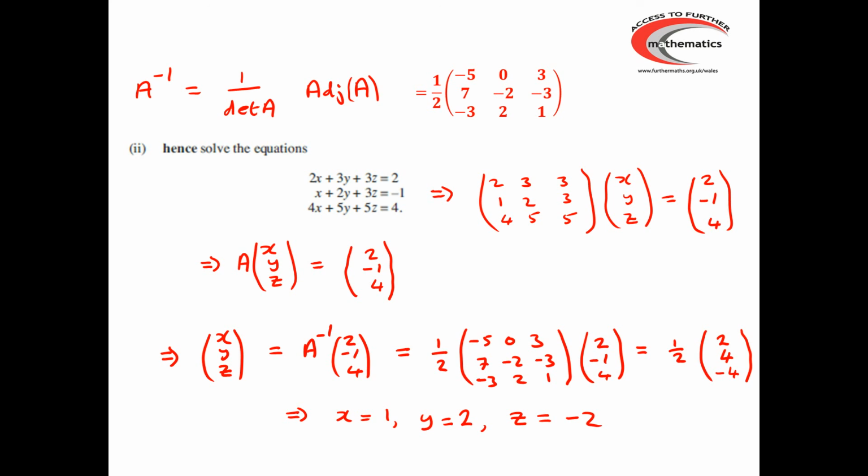Looking at the mark scheme for this question, for part A there are 2 marks for obtaining your expression for the determinant of the matrix A, and then 2 marks for saying that when the matrix is singular the determinant must equal 0 and calculating the 2 values of lambda.